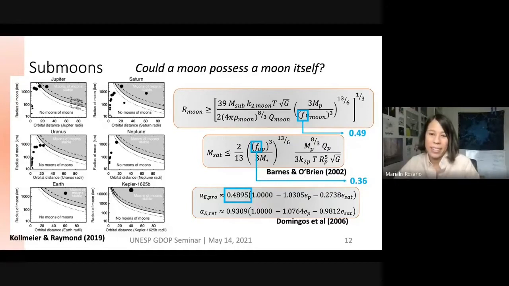Domingos et al. has a fraction of the Hill radius that is more similar to what they use. So even though they derived the expression from Barnes and O'Brien, they use the fraction introduced by Domingos et al.